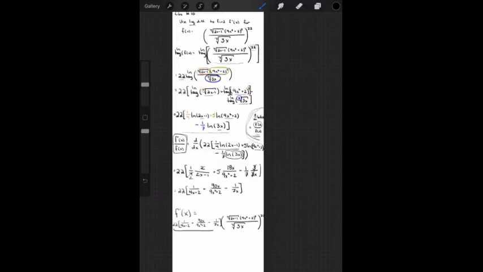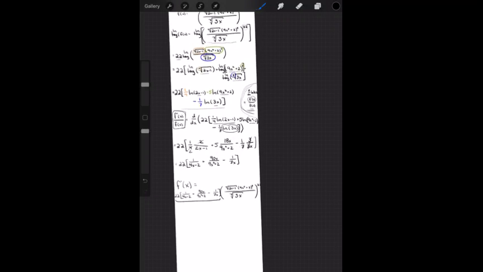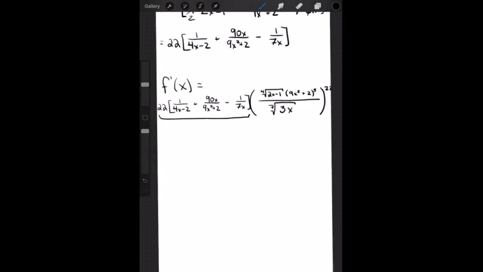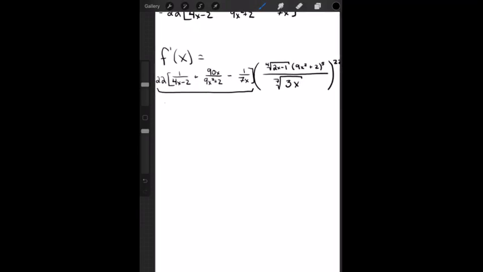Alright, so this is the derivative of ln of f of x. And this is f of x.